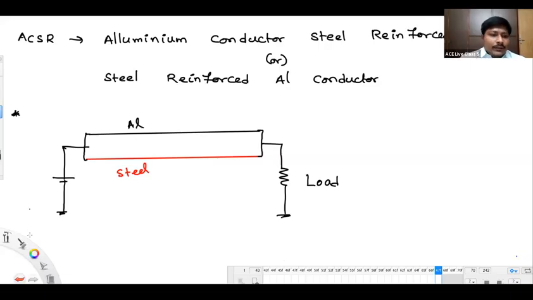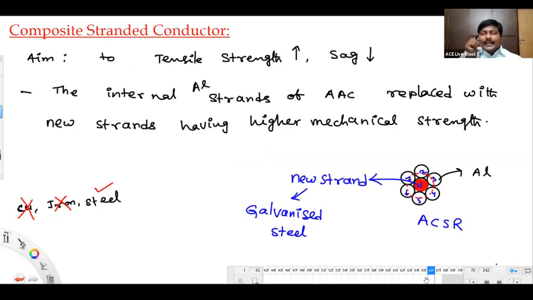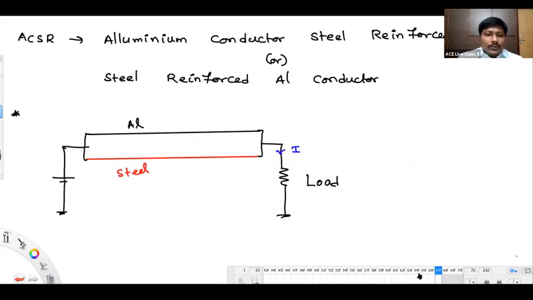Just listen. See, for example, this load is taking a current of I. Whatever current I is drawn by the load is definitely divided between these two, aluminum and steel.